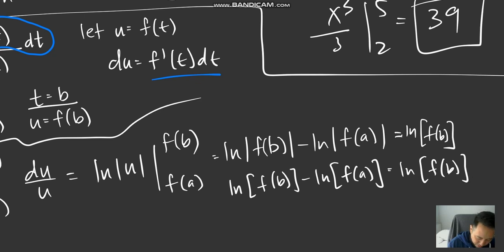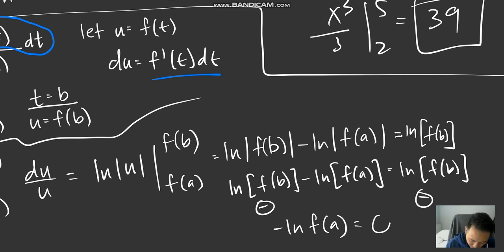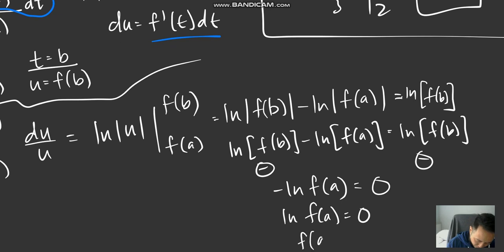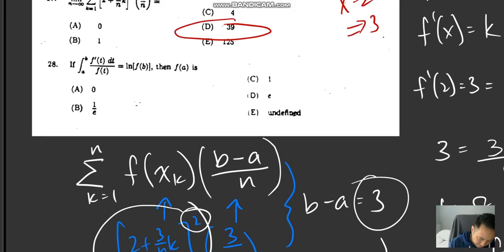I can just subtract this from both sides, so now I have negative natural log of f of a equals 0, or natural log of f of a equals 0. That means f of a must be 1 in order to take a natural log of it and get 0. So my answer would be C.